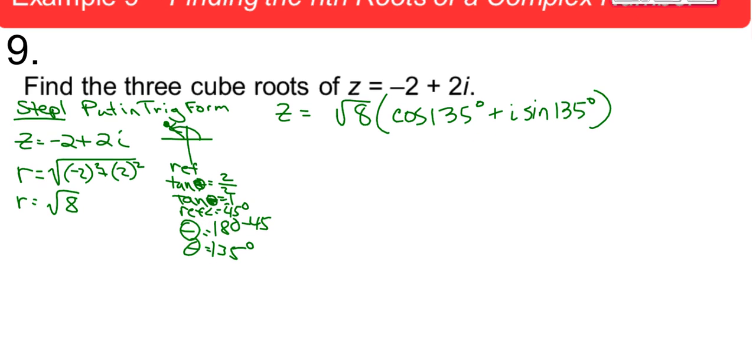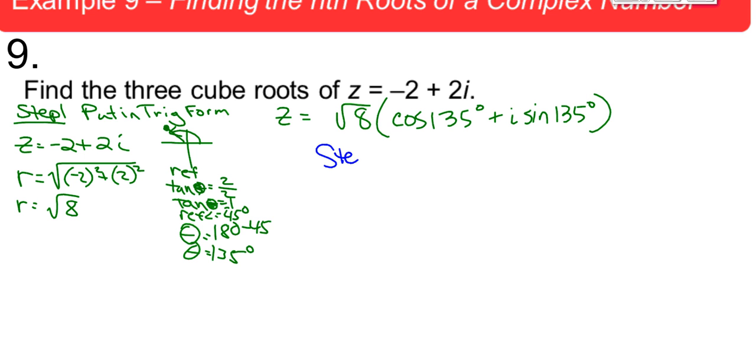And now I'm going to move to step 2. So step 2 is to find this root. I'm going to start writing my z sub k is, just as it is right now. So it's this square root of 8 to the what power? Because I'm taking the cube root. To the 1/3. Does that make sense? I'm going to clean that up, but once I clean it up, it'll be the same no matter what.